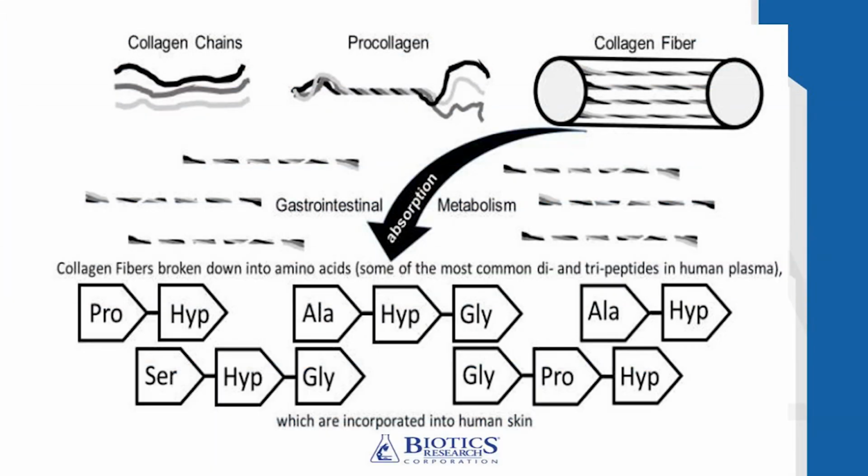Again, another schematic in terms of not just what it looks like, but how the process works. How can you take a supplemental form of collagen and benefit from that? Well, you have those collagen chains, they start to wrap, you have a collagen fiber, that's how we would find it, that's how we would consume it.